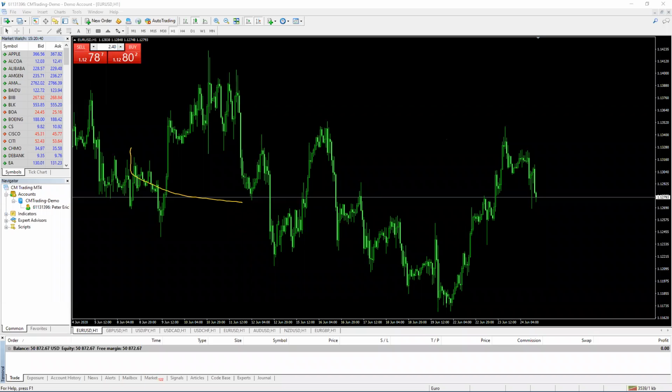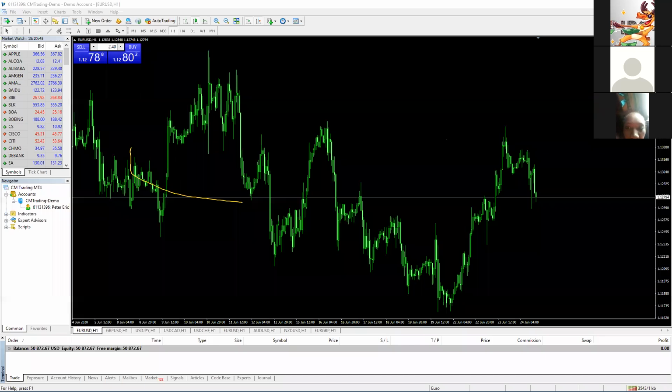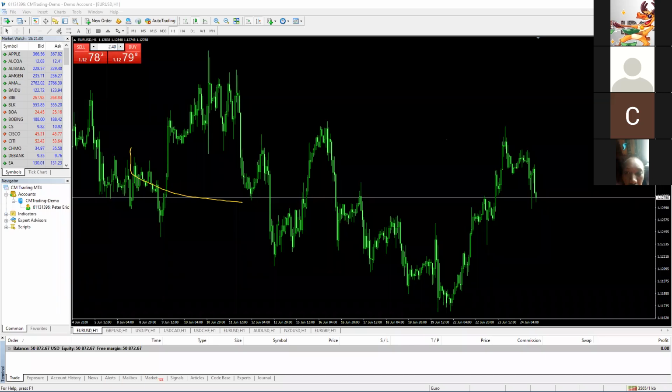So the main disadvantage with indicators ni either zitakwambia way before the market imefanya a certain move, na ukiingia you'll probably be, so yeah, most probably ukiingia hiyo market utapata umeingia early ama umeingia late, okay?